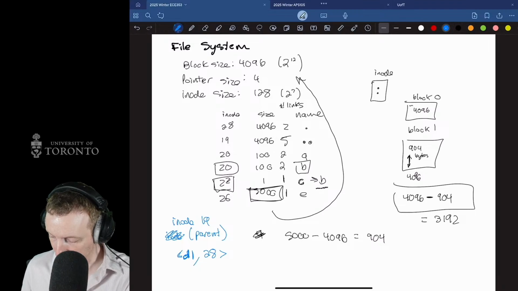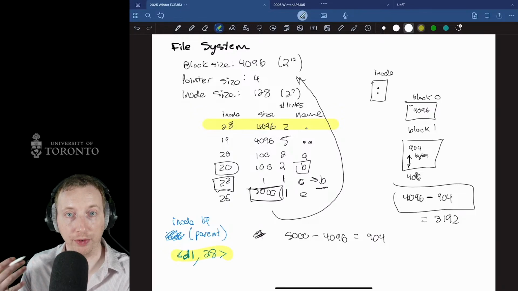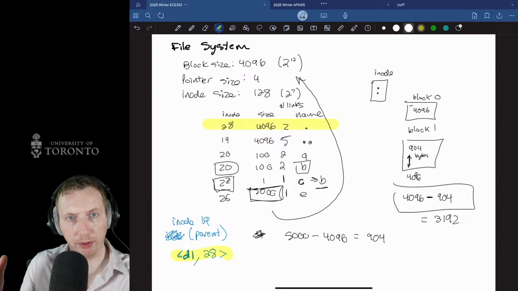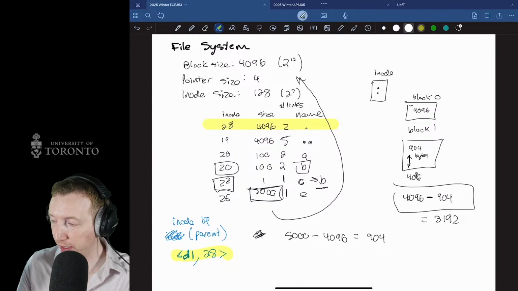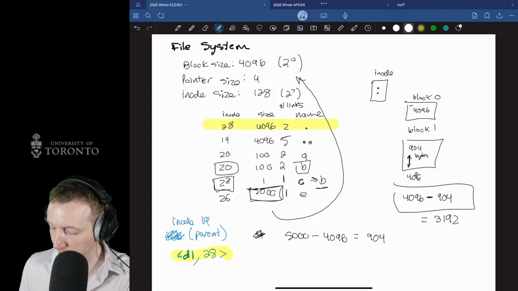And then inside of 28 here, right, it's referred to in 2 places. It's referred to as its name D1 in the parent directory, which is represented by inode 19. I just gave it a name parent. We don't actually know the name. There's no way to figure it out.